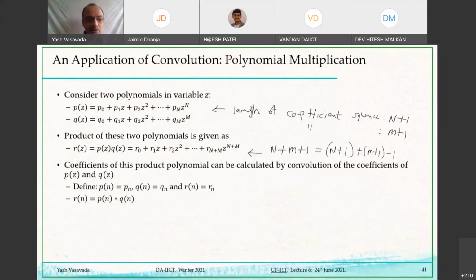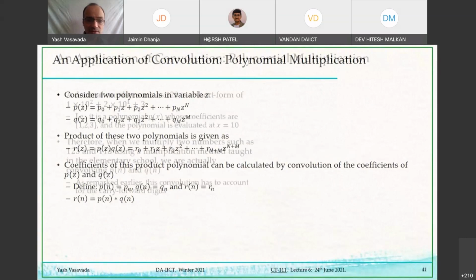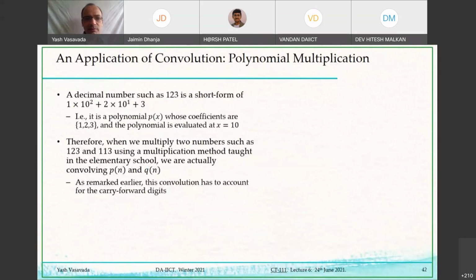And so it is no wonder that when we did the very first example of multiplying 123 with 113, we got the same answer through convolution as we got it using the standard multiplier, because you see 123 is actually a polynomial where that x or z is 10, right?